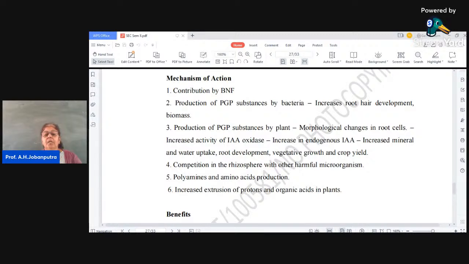So it will help in uptake of water, development of the roots, as well as in the growth of the crops. It can compete with pathogenic organisms in the soil, and that is why pathogens cannot attack the soil. So it is also helping in protection, as a biocontrol agent to protect the crops from plant pathogens.